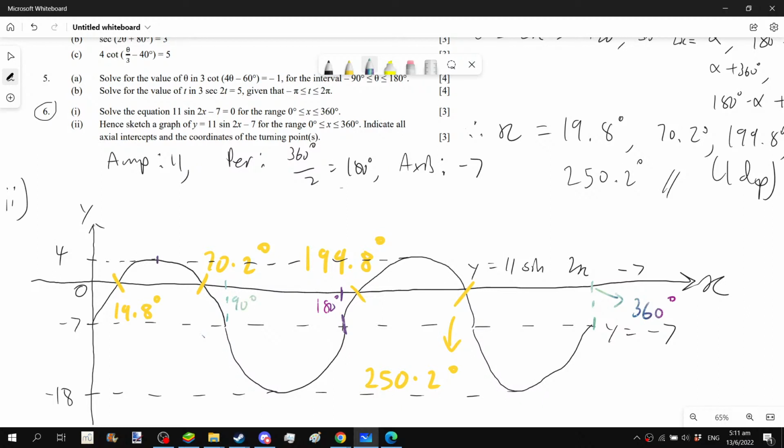And so our turning points will be at 45, 135, and afterwards, let's see, this should be 225, I think. Right, and last but not least, we have the last minimum point, which will be at 315.